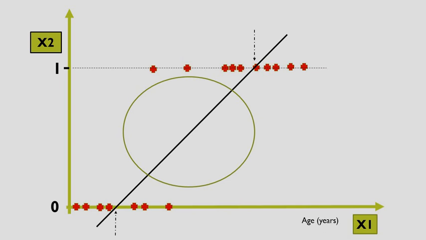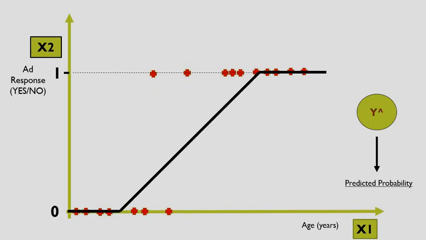So you can see here that the algorithm was fit to our scattered data points to exhibit the following form. And the probability here, we give it an annotation of y hat. This is the predicted probability.